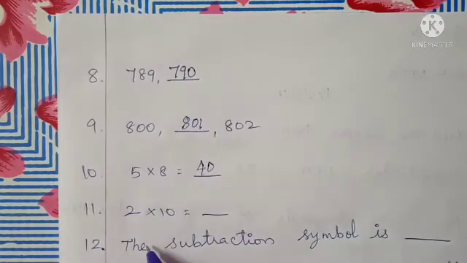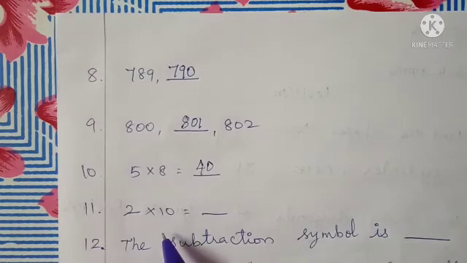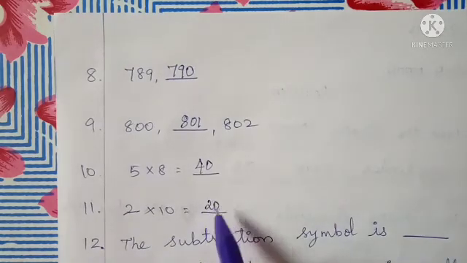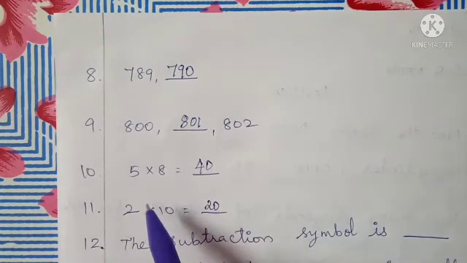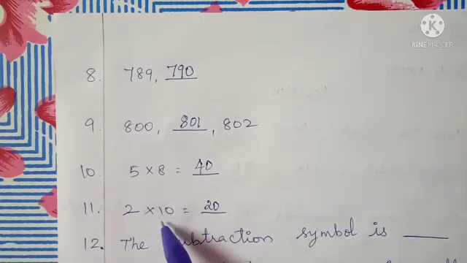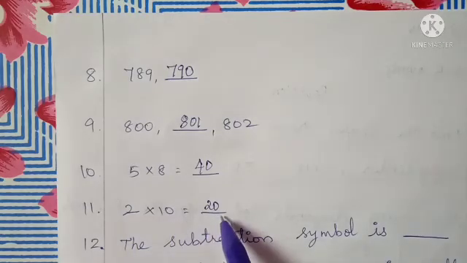Then the next one, 2 10s are, you know the 10 table: 10 ones are 10, 10 twos are 20. Use any one table, 5 table or 8 table, 2 table or 10 table. Either way the answer for the product is the same.